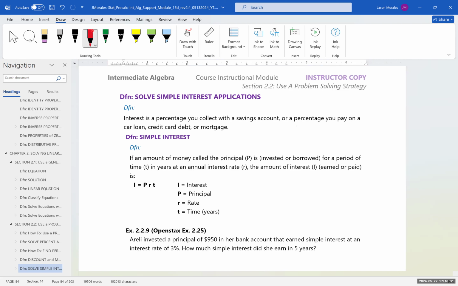So simple interest: if an amount of money called the principal is invested or borrowed for a period of time in years at an annual interest rate, the amount of interest earned or paid is calculated using this formula. I equals PRT, where I is interest, P is the principal, R is the rate, and T is time, and that's in years.